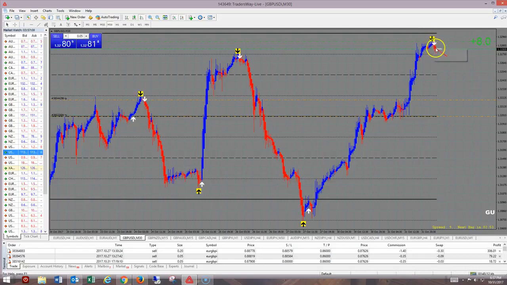So I actually entered this trade here. And the reason why I entered it is because of the signals. And then another key factor in determining if the trade is legit or not is this little red line here. Now this is the future price prediction.